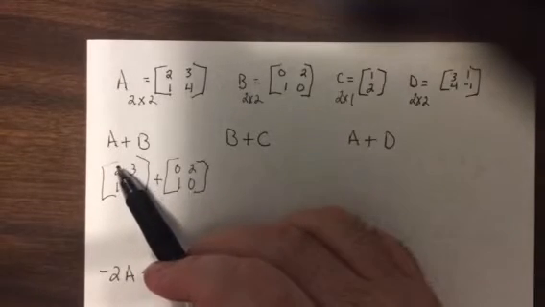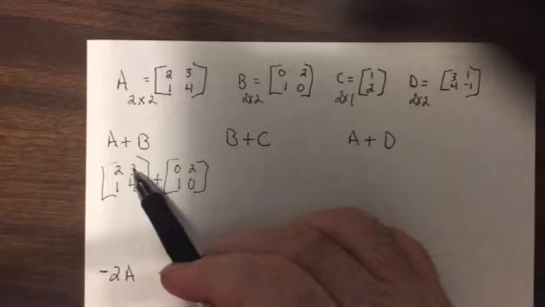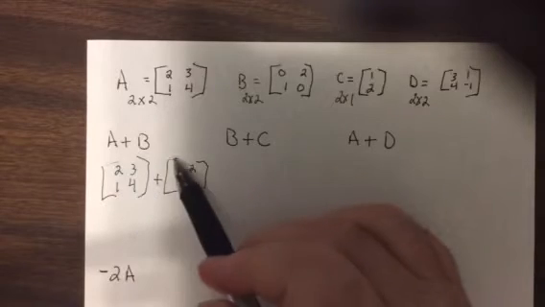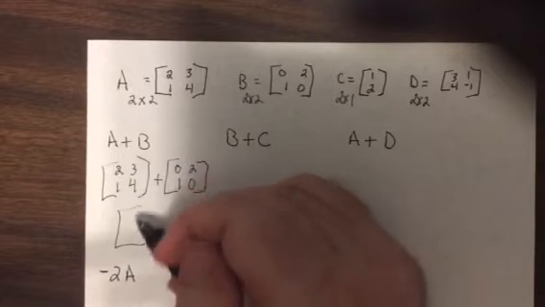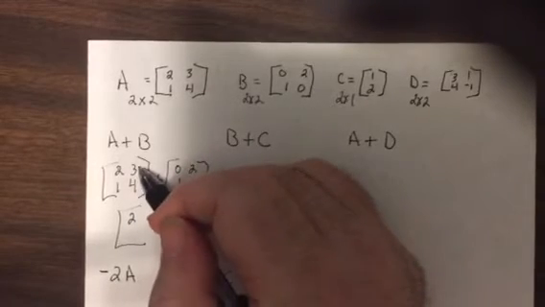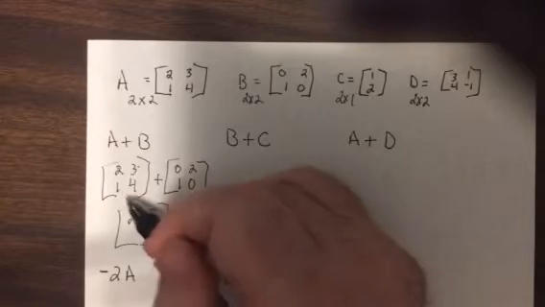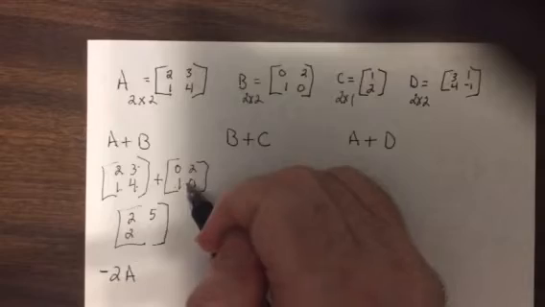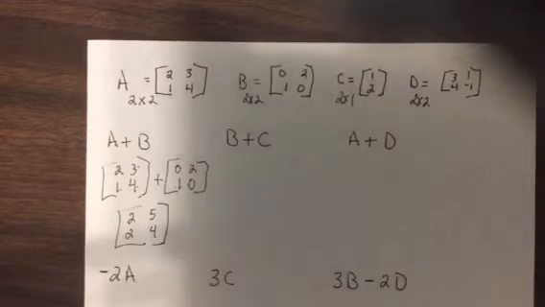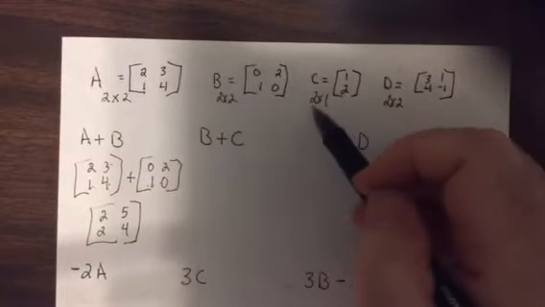Now this would be row 1, column 1. This would be row 1, column 2. So you add the ones in the exact same location. 2 plus 0 is 2. 3 plus 2, 5. 1 plus 1, 2. 4 plus 0, 4.